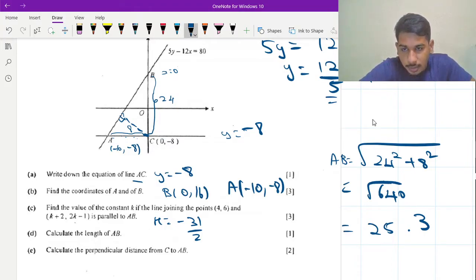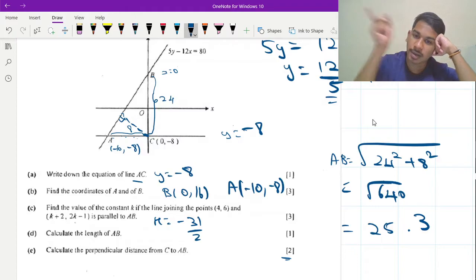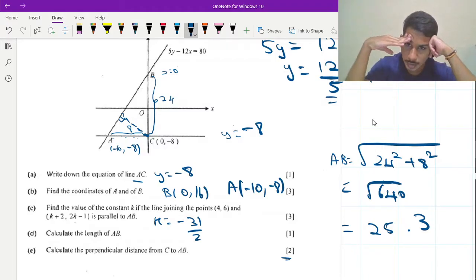Do we know this? No, we do not know this. 2 marks. One way I can think of is to find the perpendicular bisector, find the line passing through that with the gradient of that, find the intersection, then find it. But that's long. I'm thinking maybe we can use similar triangles or something like that.